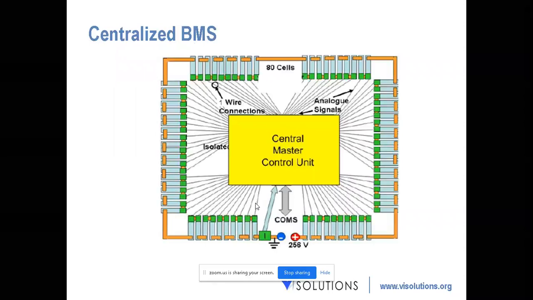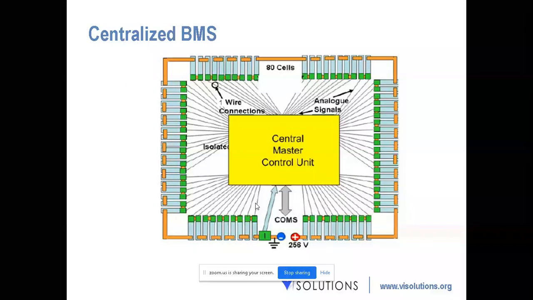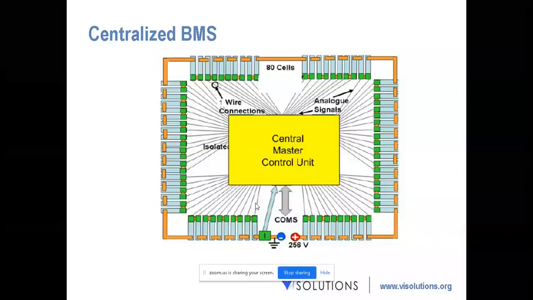So centralized BMS means it's going to have only one data acquisition and processing unit for all battery cells. It's going to have analog signals collected from all the cells, and the data will be pushed to one embedded processing system, our central master unit, CMU or BMU, battery management unit.